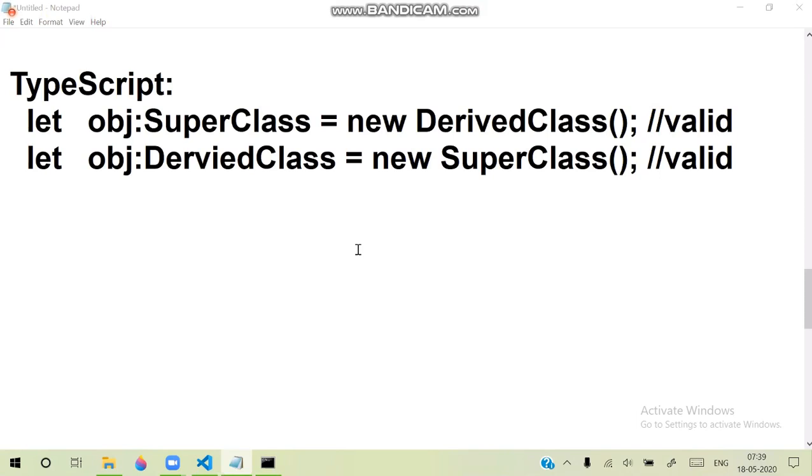Mr. Vamsi has given that. Right? In derived class, we have a call for superclass constructor. Generally, in other programming languages, superclass constructor will be called at the time of allocating memory.